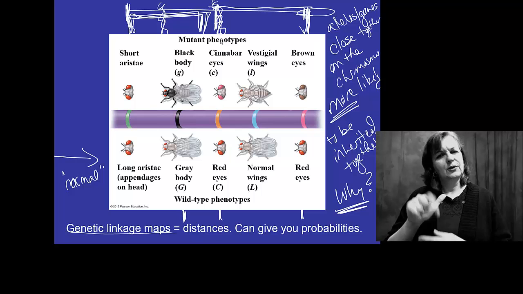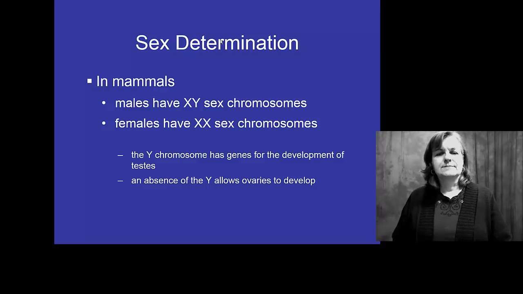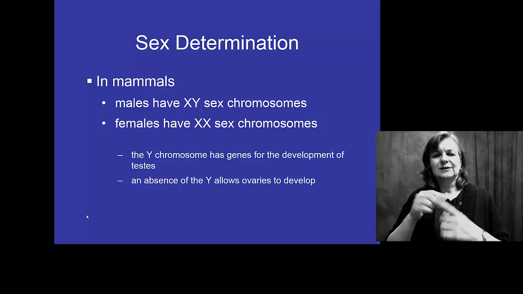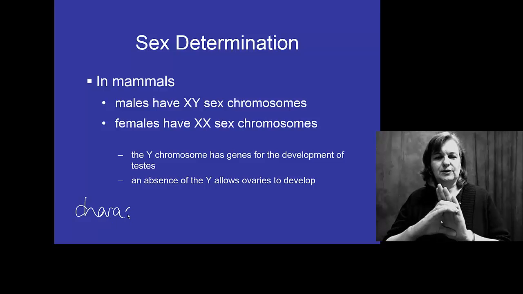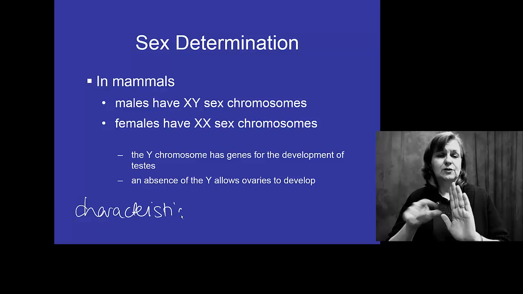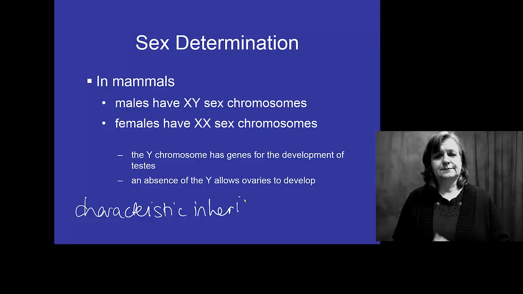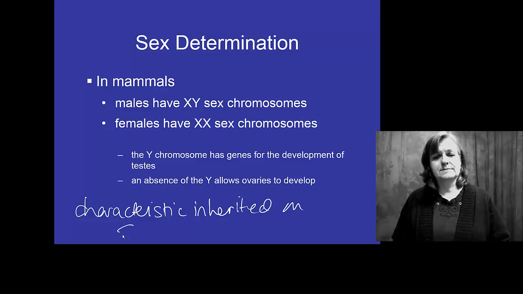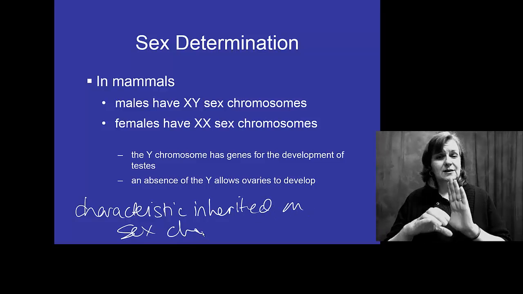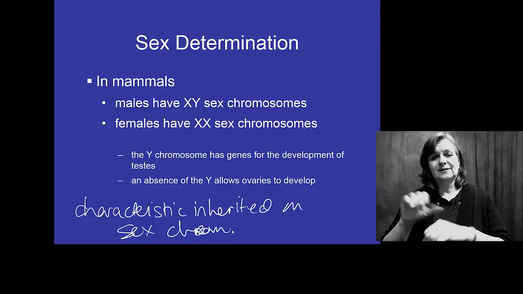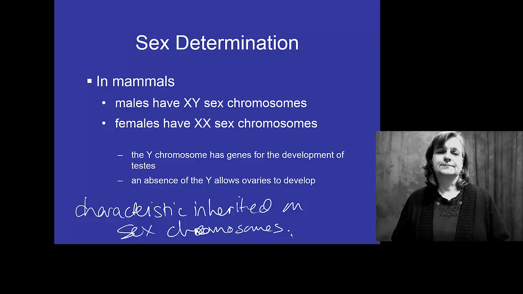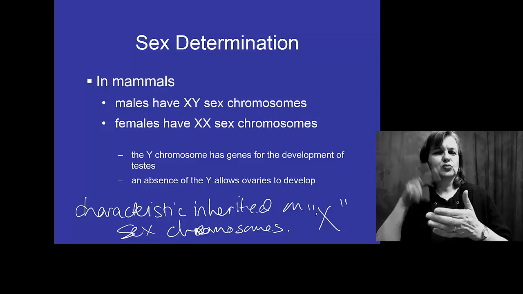So the other thing we have to consider is this idea of sex-linked characteristics, meaning that you have a characteristic that you're inheriting on the sex chromosomes. Now, usually we look at the X chromosome for sex-linked genes.